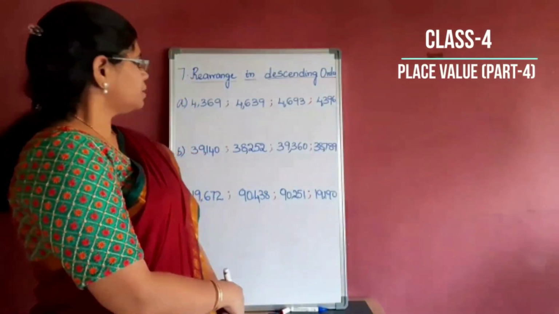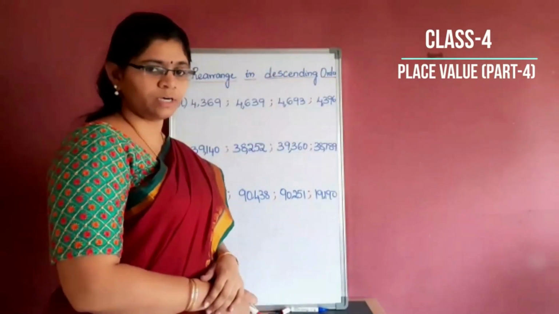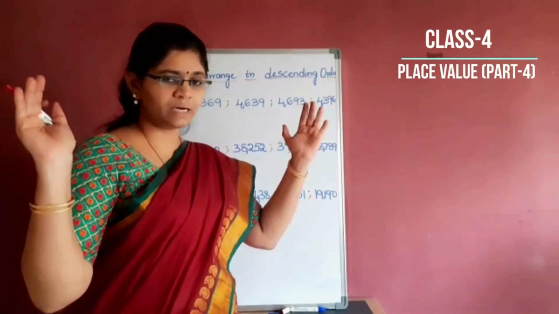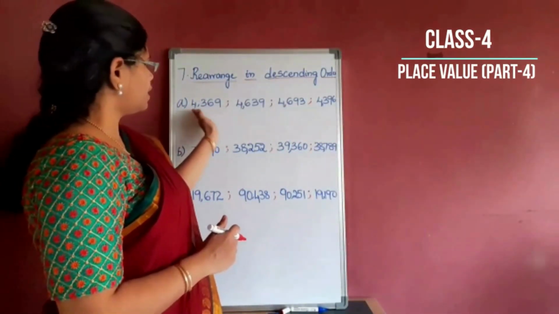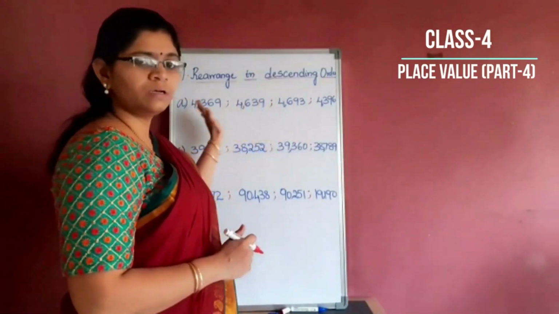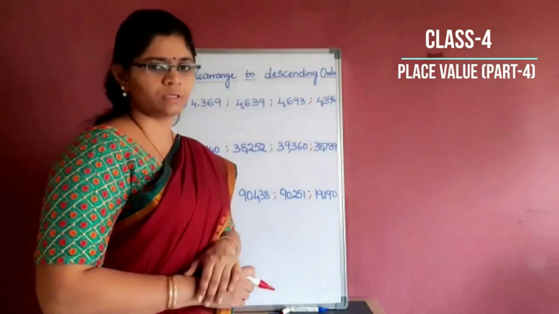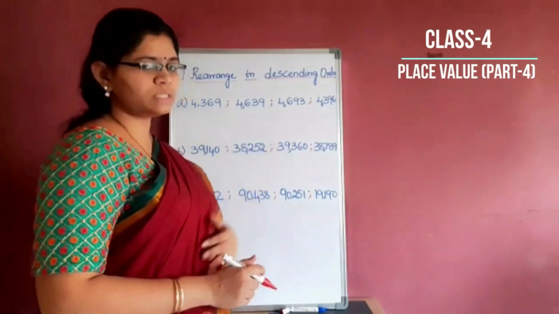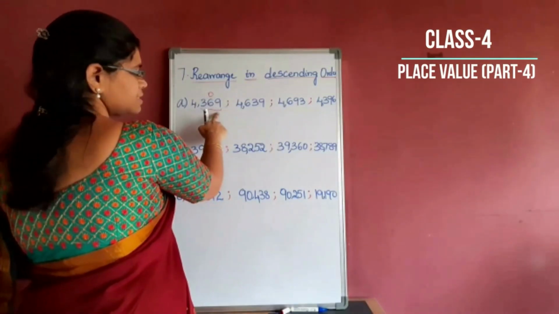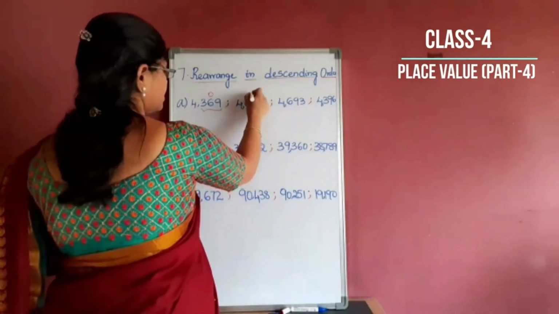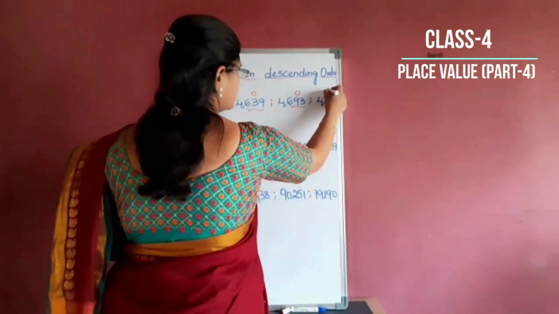Now let us see the last sums of the exercise. Arrange in descending order. Descending order again is from bigger number to smaller number. Okay. So see here, everywhere we have the number in the thousands period as 4. 4,000, 4,000, 4,000, 4,000. So let us now compare the ones period. See here, we have 369, 639, 693 and 396.